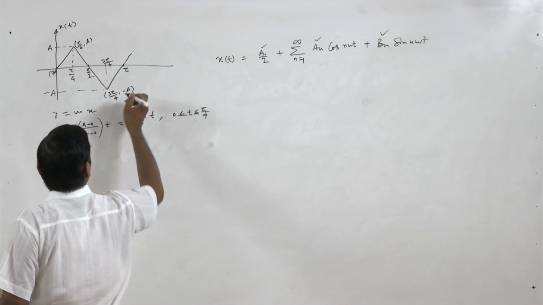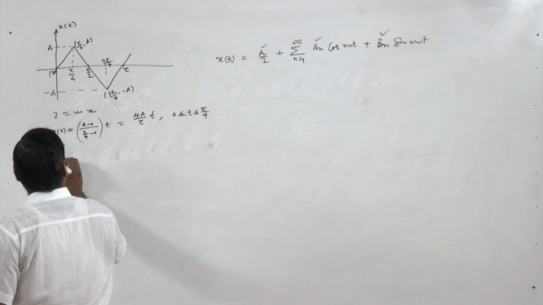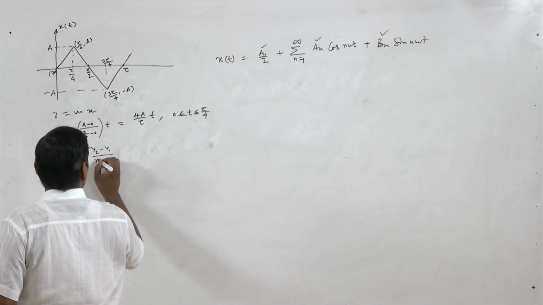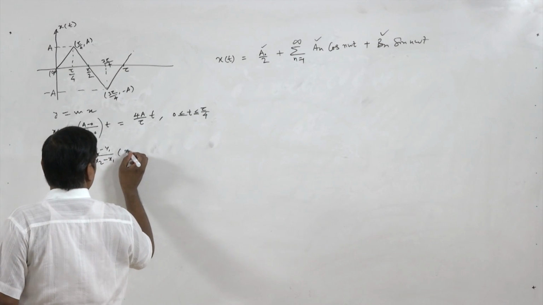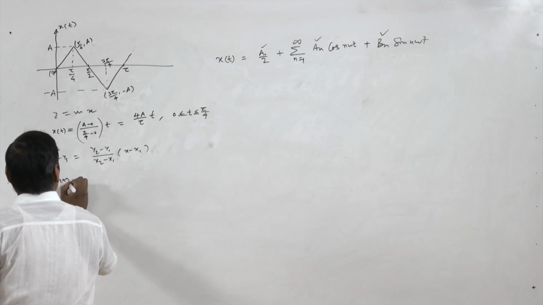So for this we have to write, here we know this point, 3 tau by 4 and minus a. First we find the slope, like y minus y1 equal to y2 minus y1 upon x2 minus x1 times x minus x1. So here y is xt, minus y1.